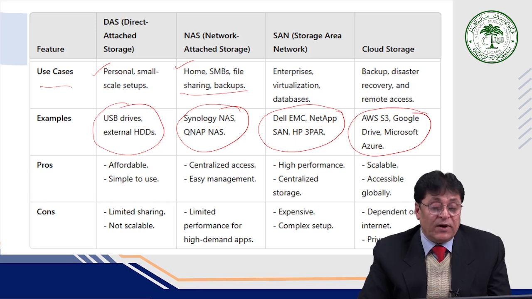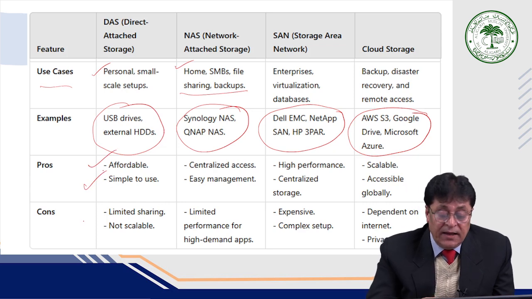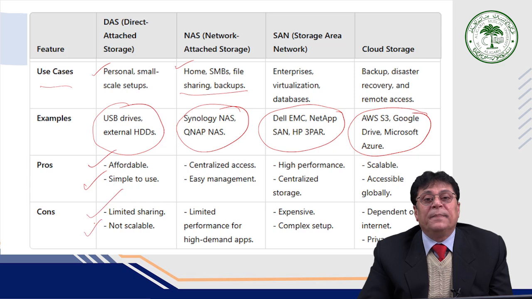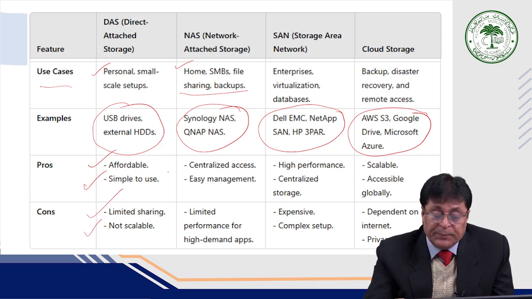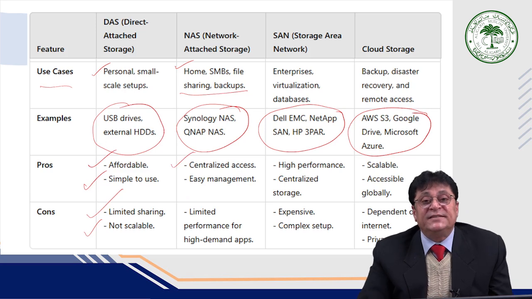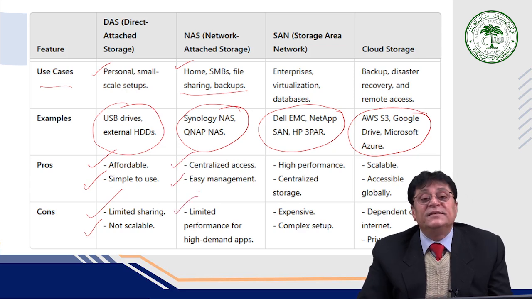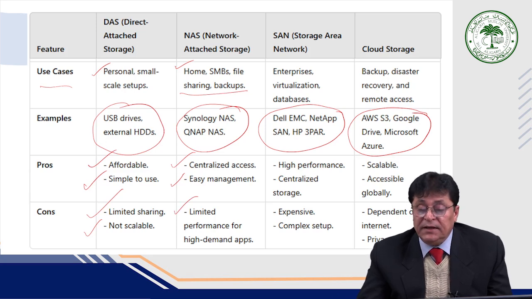Now let us see the pros and cons. The pros for DAS are that it is affordable and simple to use. The cons are limited sharing, and it is not scalable. For NAS, the pros are that it provides centralized access and management is easy. Cons, limited performance for high demand applications.